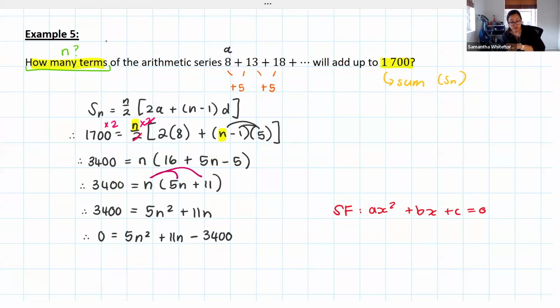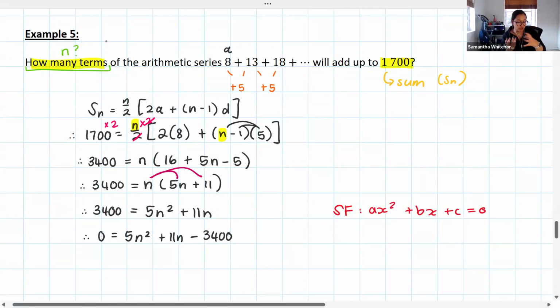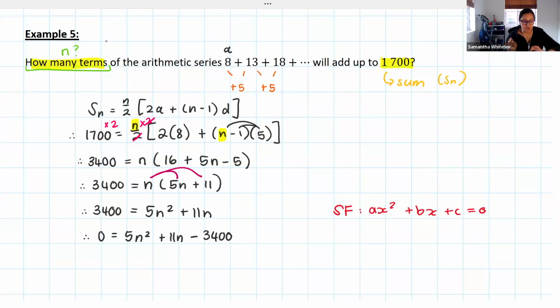Now, great tools, if you can look at that and you can think of the factors of 3,400 and you can factorize that in your head, you are better than me. I don't think I could do that in my head in a quick situation like in a test. And so use your quadratic formula.